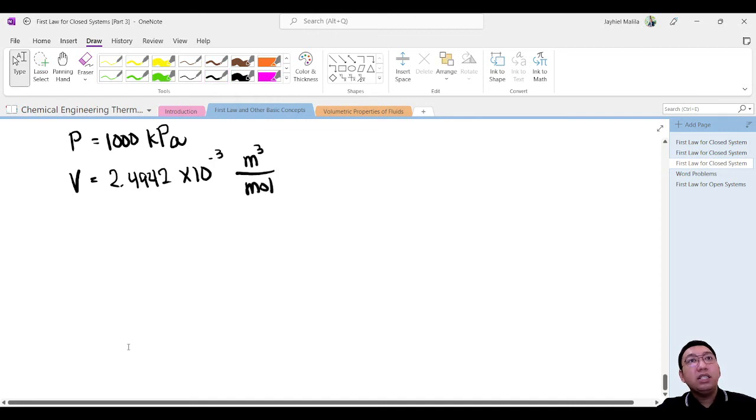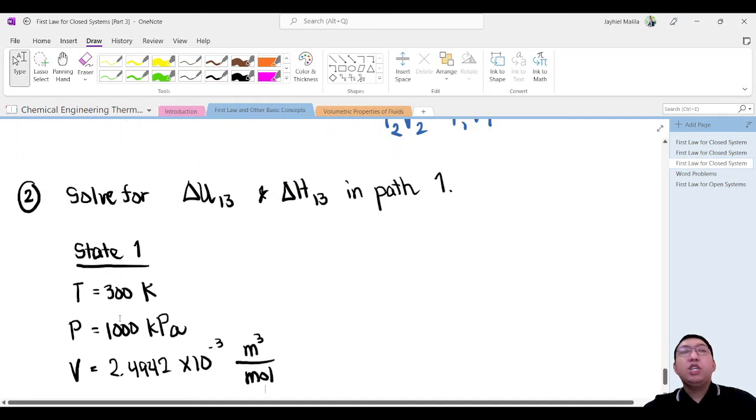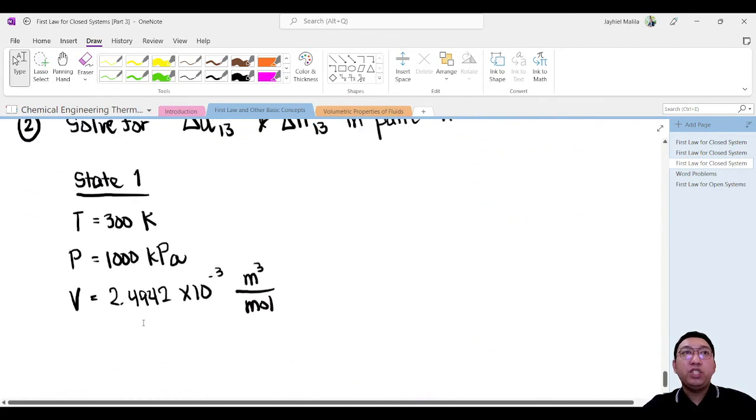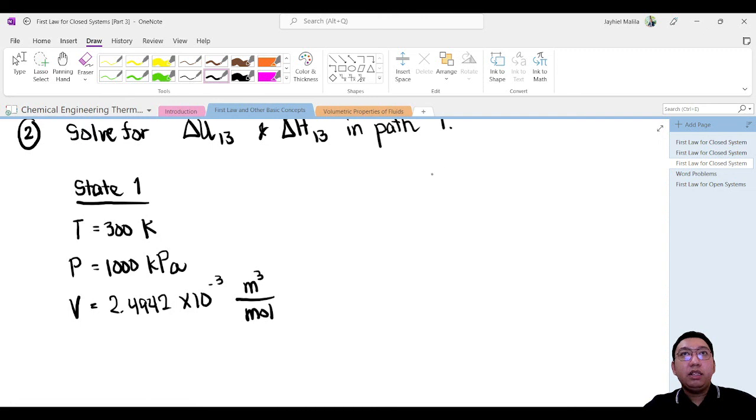So this is a constant volume process. You would expect that for a constant volume process, the temperature will change, right? Or even the state.